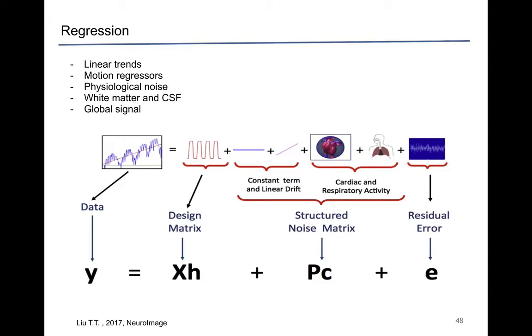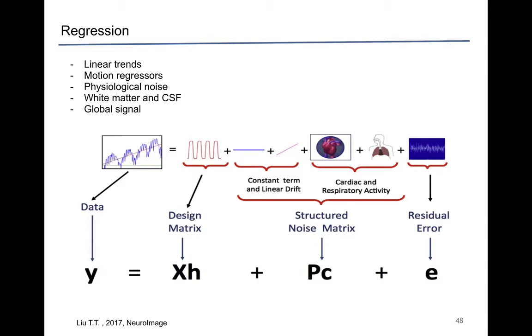So after you define all those regressors that you want to remove from your data, including the motion regressors, the physiological ones, tissue signal and maybe global signal, then you can form a GLM.